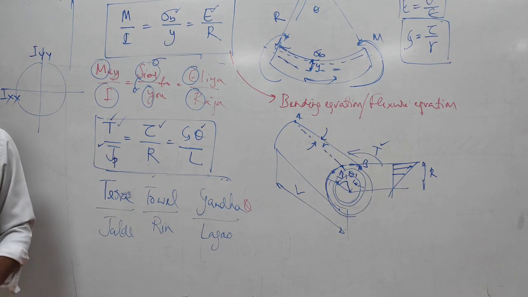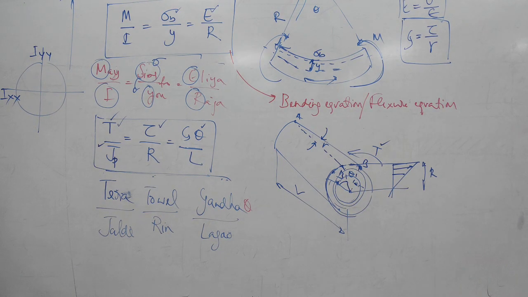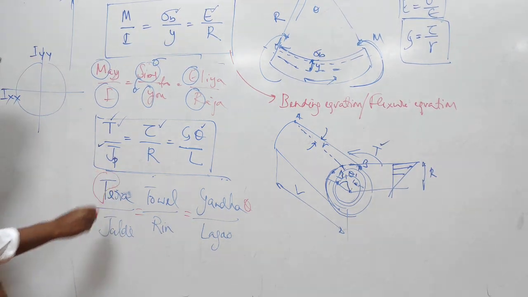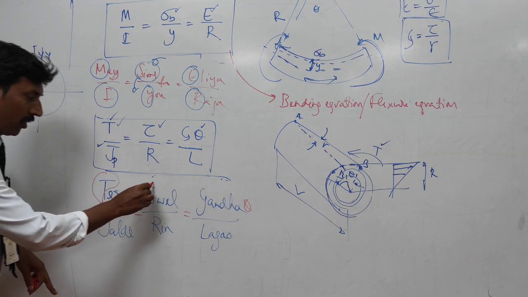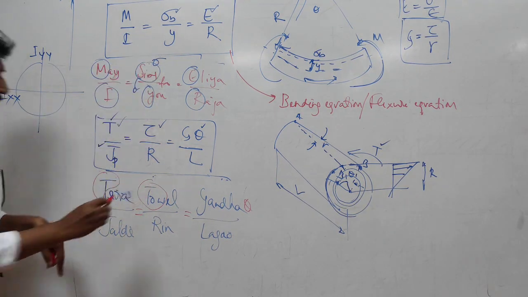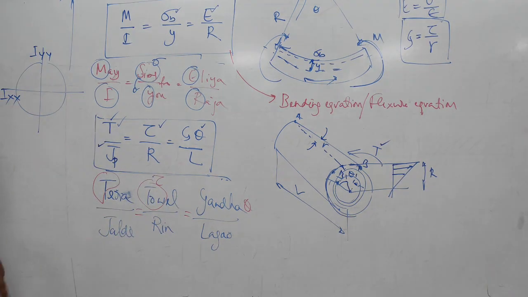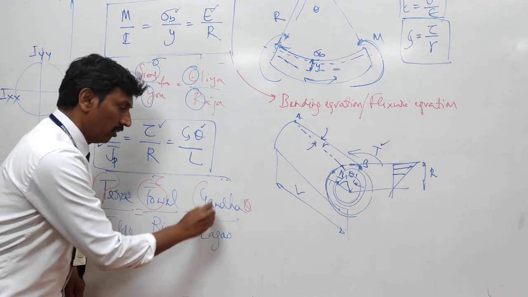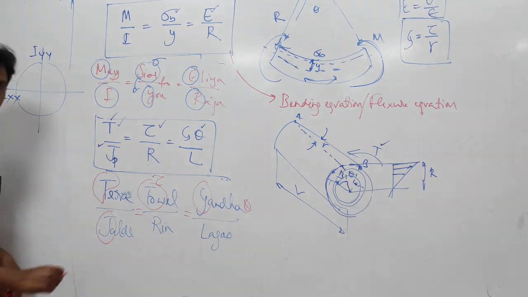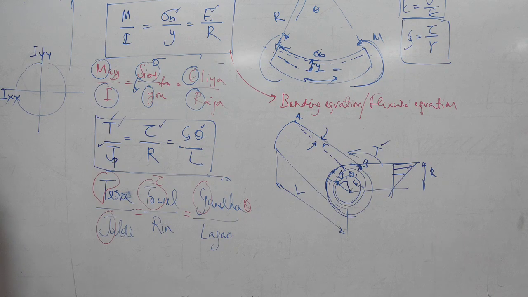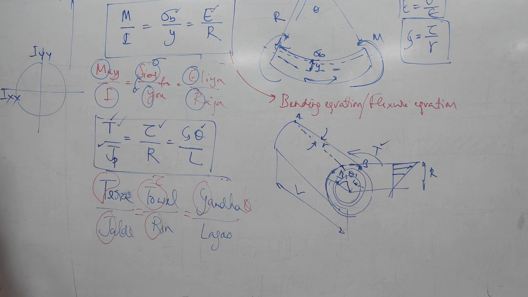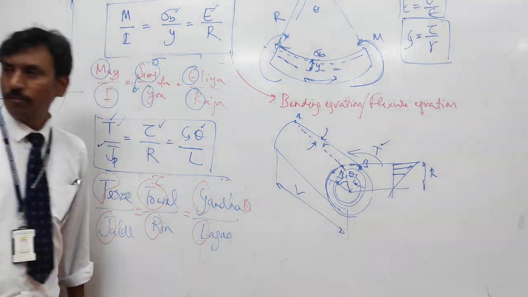One extra thing: don't forget this theta. Then you put this equation like this. This T stands for torque, this is theta, and this is tau, not sigma. And G, rigidity modulus, and this is J, the polar moment of inertia, and this is the radius from the center, and L is the length of the shaft.